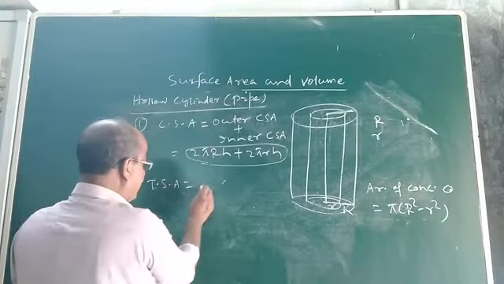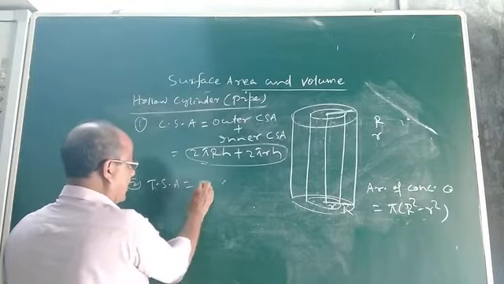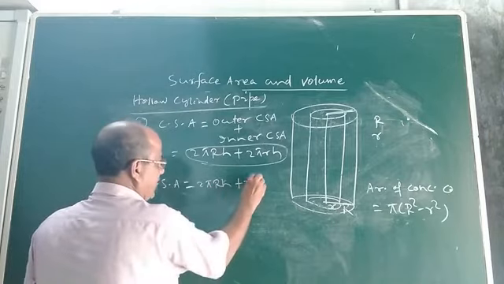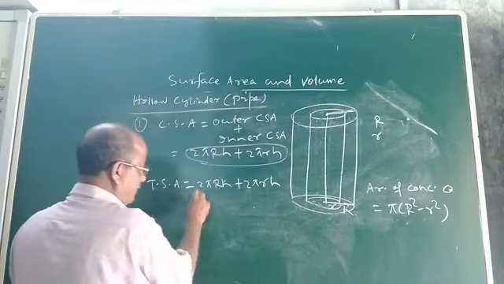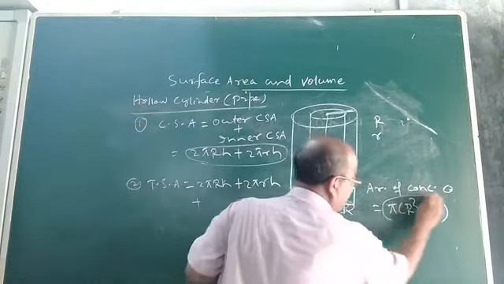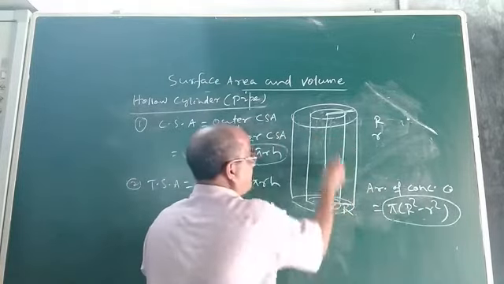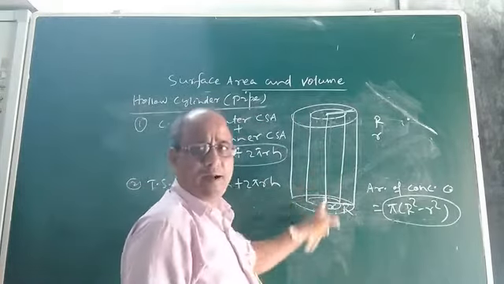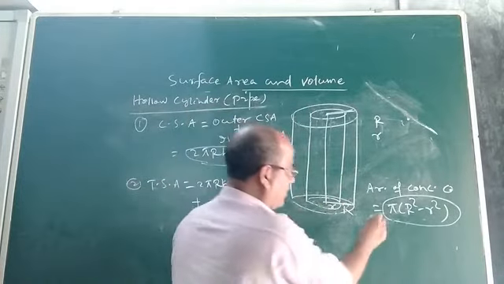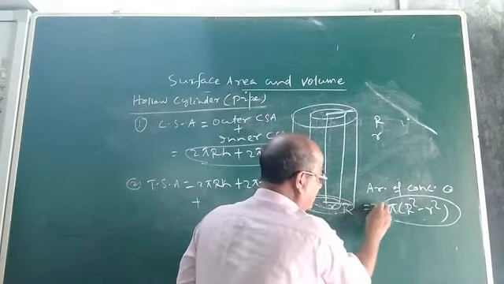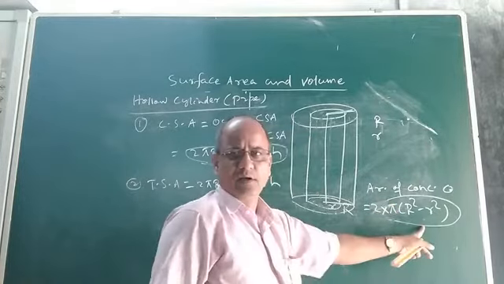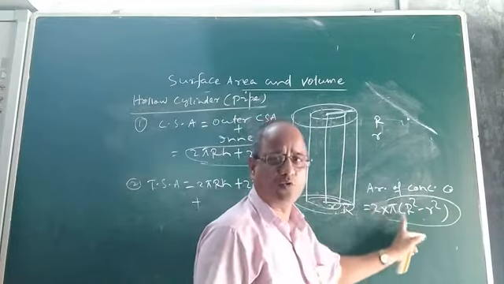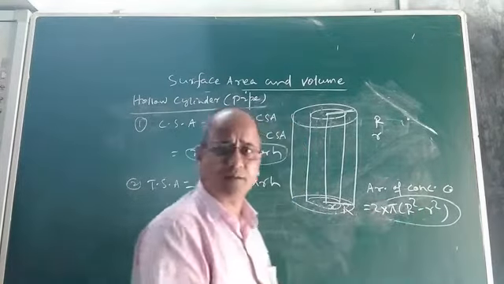That means it will be equal to, this is a very big formula, 2 pi RH plus 2 pi small rh plus, you see, this is the area of the lower rim and the area of the upper rim is also the same. So the combined area of the two rims will be equal to 2 into pi into capital R square minus small r square.